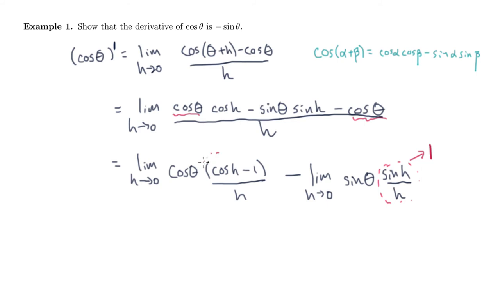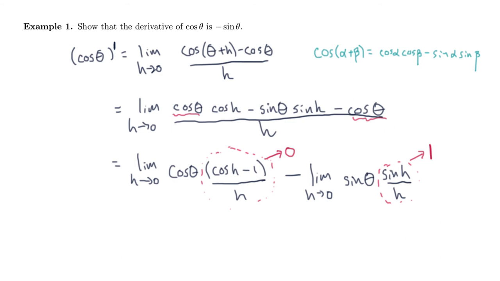But look at this limit. This is exactly the same limit that we dealt with when taking the derivative of sine theta. The limit as h goes to 0 of cosine of h minus 1 over h is 0. I'm not going to do all the details again, but the details are exactly the same as when we took the derivative of sine theta.